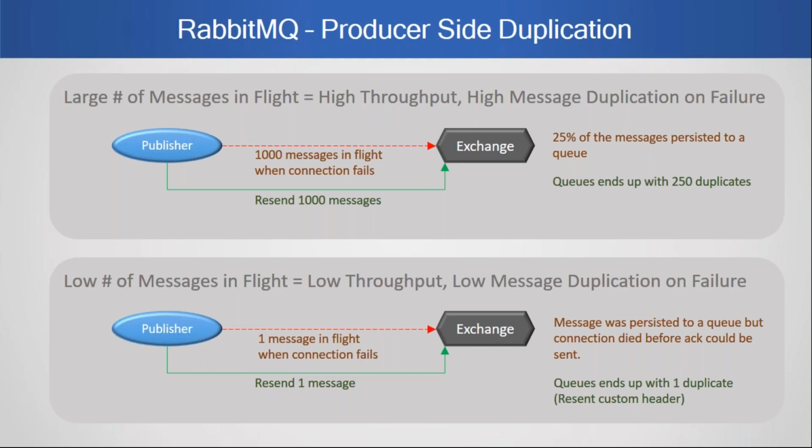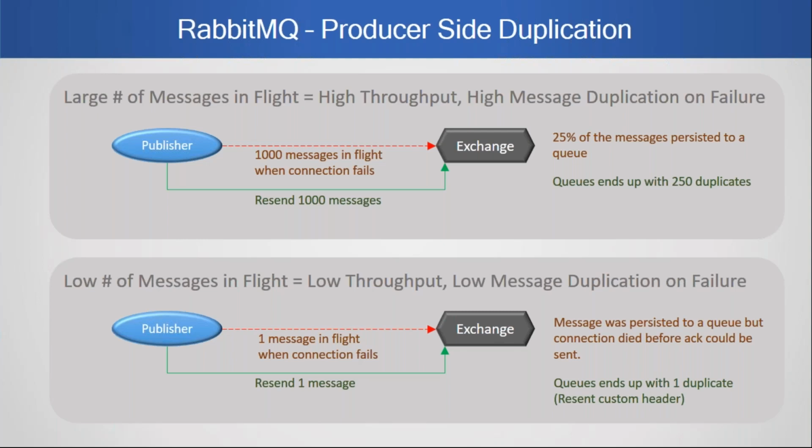You can decide to periodically just wait to get your acknowledgements. So what a publisher can do is send a message and then just block and wait for the acknowledgement to come back in. Now, this is terrible for throughput, but it's great for not getting too much duplication on the publisher side, because at most we'll get one duplicate.